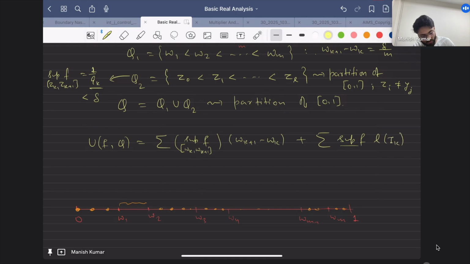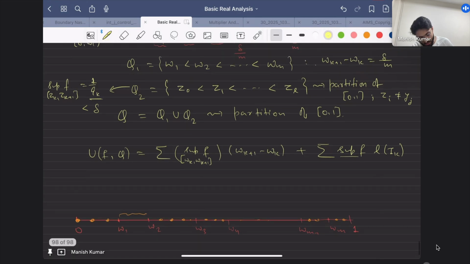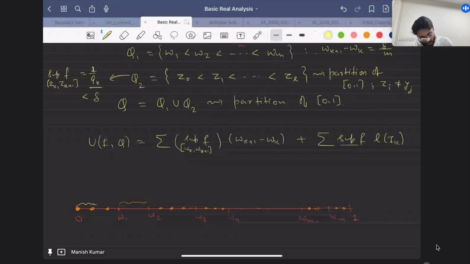That will not anyway be counted. So the supremum in each of these intervals I know is less than or equal to 1, so this is less than or equal to wk plus 1 minus wk.